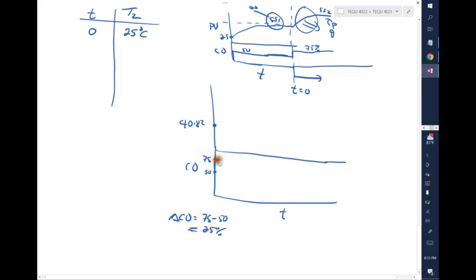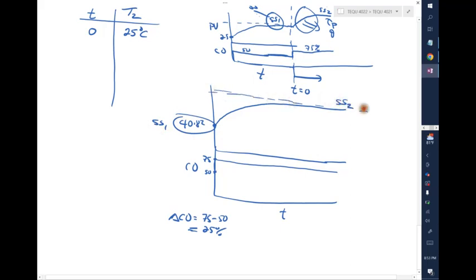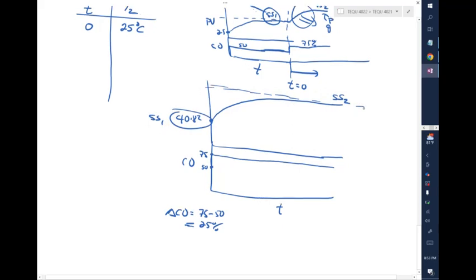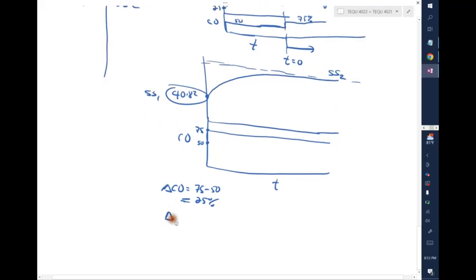But then this stays at 75, because basically what I want is this guy to move to the new steady state. So I got this value here, called SS1, and whatever new steady state I get, this is going to be SS2, right? So basically delta PV is the difference between SS2, whatever value I got there, minus SS1.